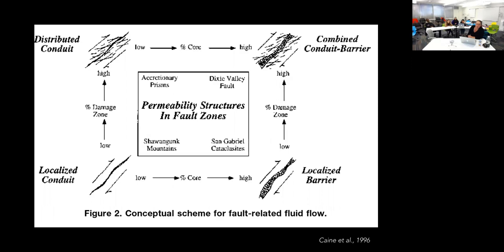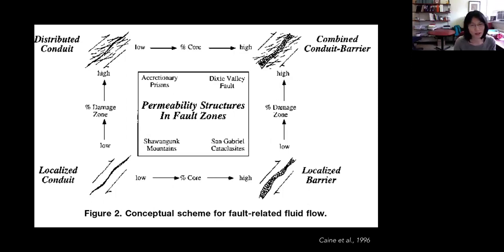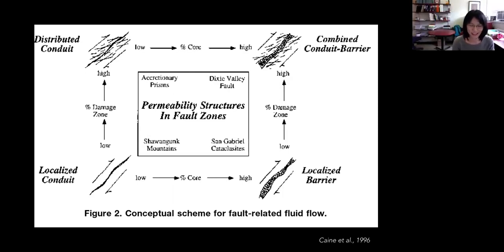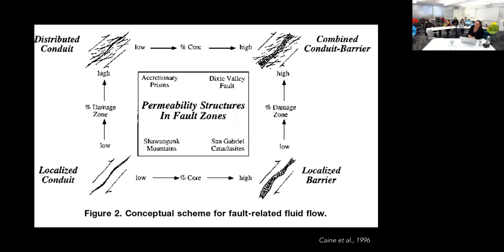Okay, so this is across-fault permeability or fault-parallel permeability? It's not uniform across this diagram. I think all these four categories could be defined specifically either for along-fault or cross-fault flow, and these are just end members.